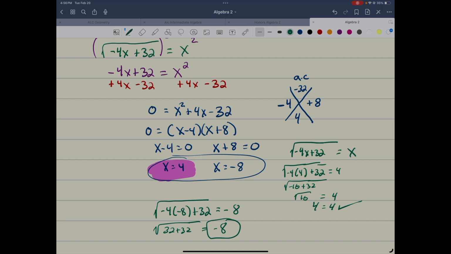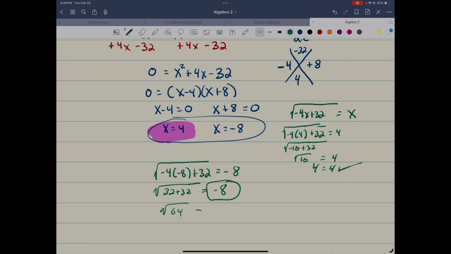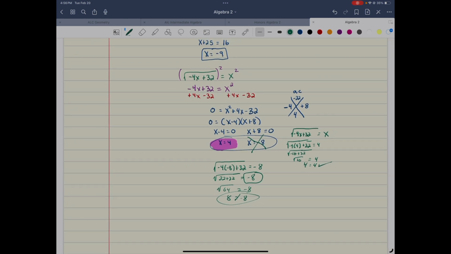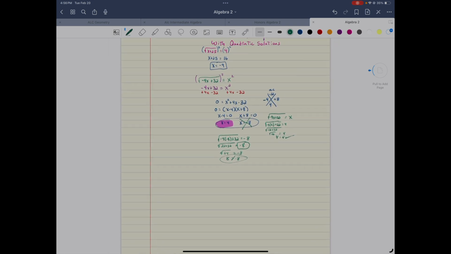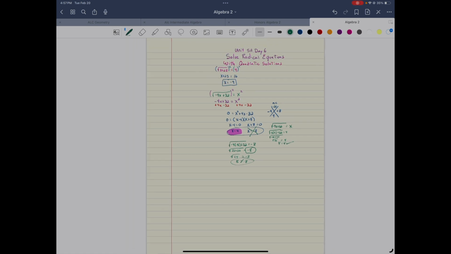In fact, it's the square root of 64 is equal to negative 8, and 8 doesn't equal negative 8. So negative 8 does not work. Therefore, negative 8 is not a solution. So we have to put an X through that. That's what we call an extraneous solution. It appears as if it works, but it doesn't. So our solution for that one is 4, and that is it.